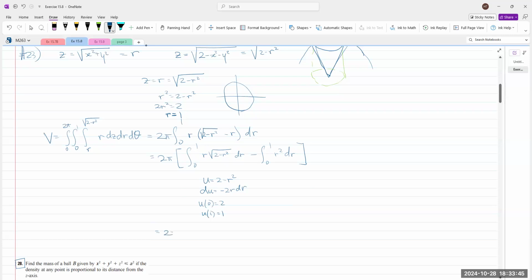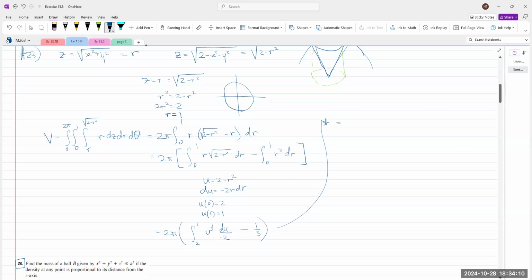So this is 2 pi integral from 2 to 1 of u to the power of 1/2 du over -2, minus the second part, which is easy, that's just 1/3. Let me continue here.